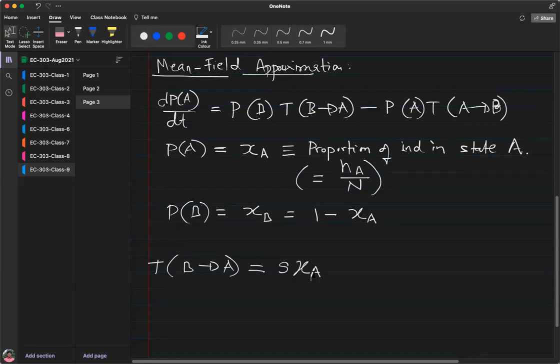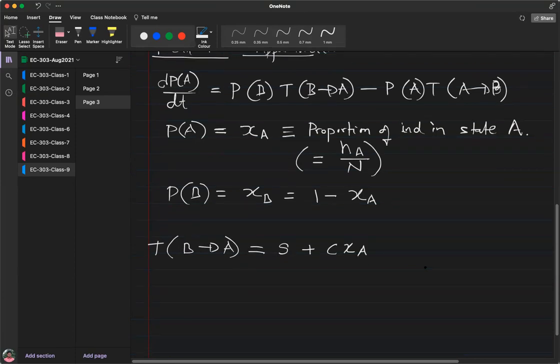These are separate events, so we add them: S plus C XA. Is everyone with me? Is it fine? If it is fine, I will wait for 30 seconds.